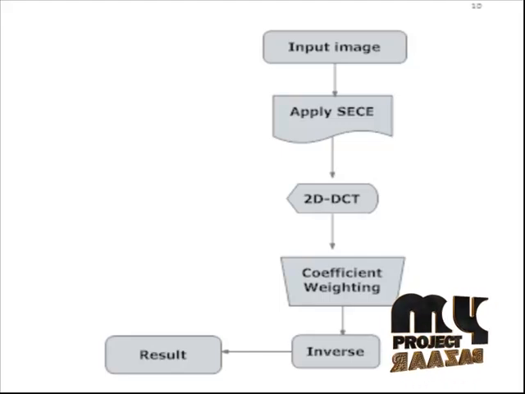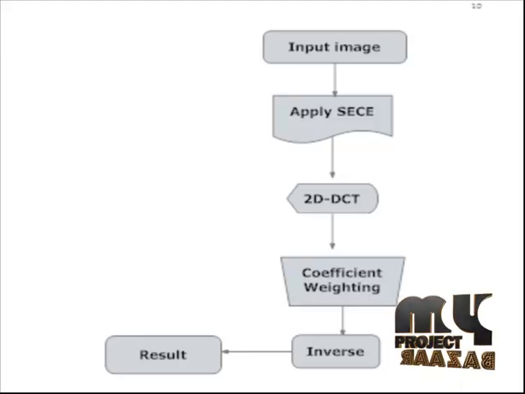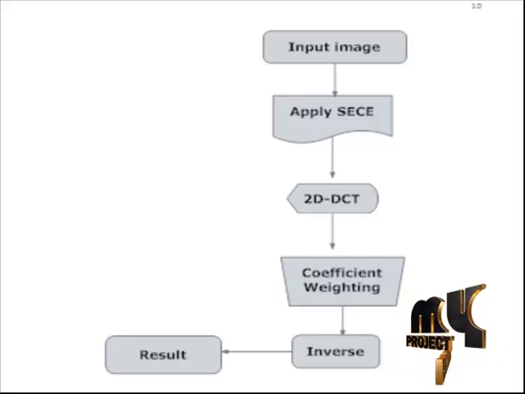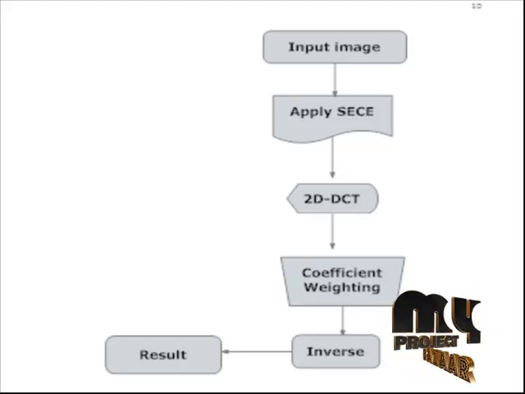The inverse process occurs for the weighted coefficients to produce the output of SEC. The SEC is produced by calculating the alpha and beta of our process. The alpha and beta are applied to the output from the inverse process of the DWT.